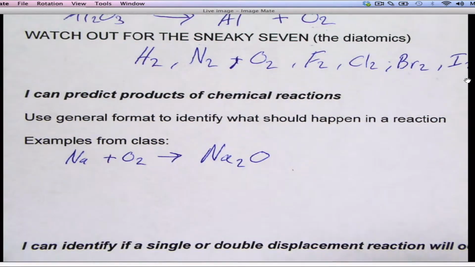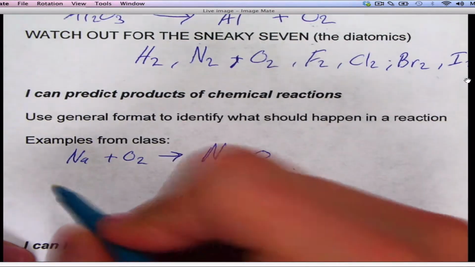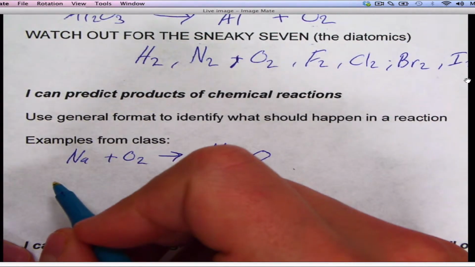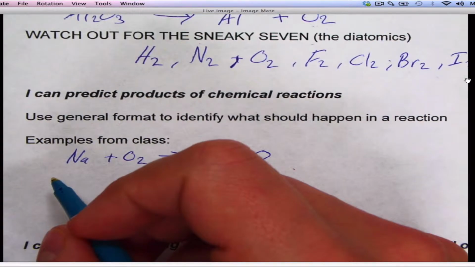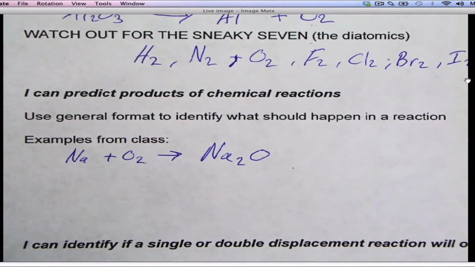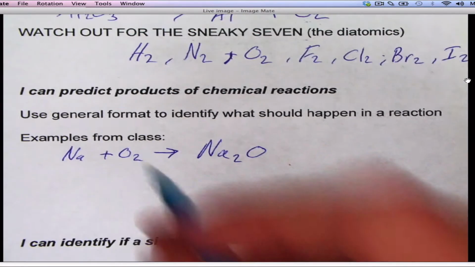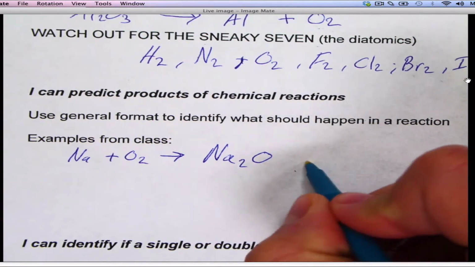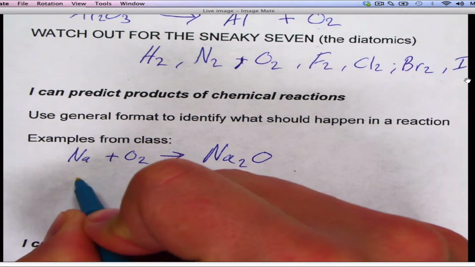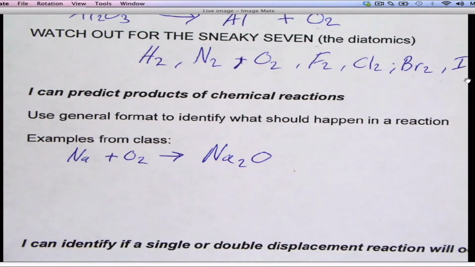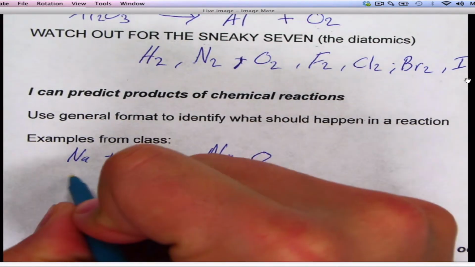Next one, let's try a decomposition. Why not? Even though we just tried one, we can do another one. Let's go with this one.